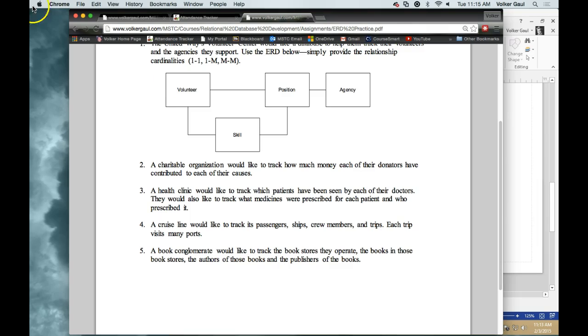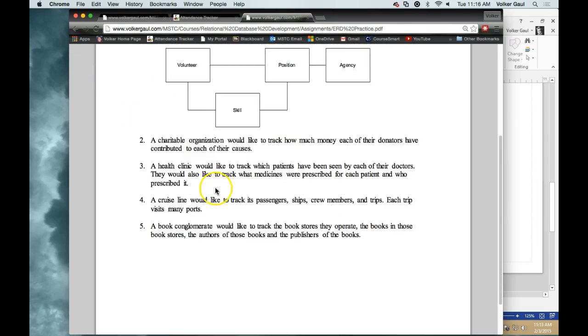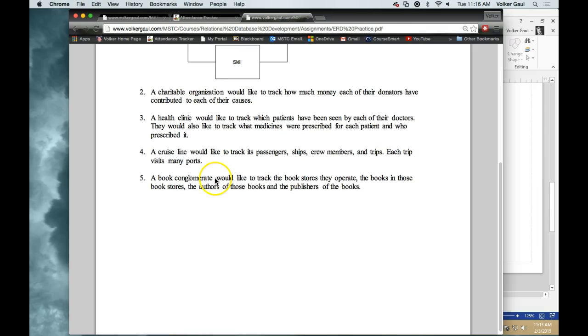Good. We got the clinics all sorted out. Cruise lines, this one's the tricky one. A cruise line likes to track its passengers and the ships that it has. So picture, what's the big cruise line? Carnival, thank you. Celebrity is the other one, I think. Carnival cruises, they have 5, 10, 20, I don't know how many ships, but multiple ships.